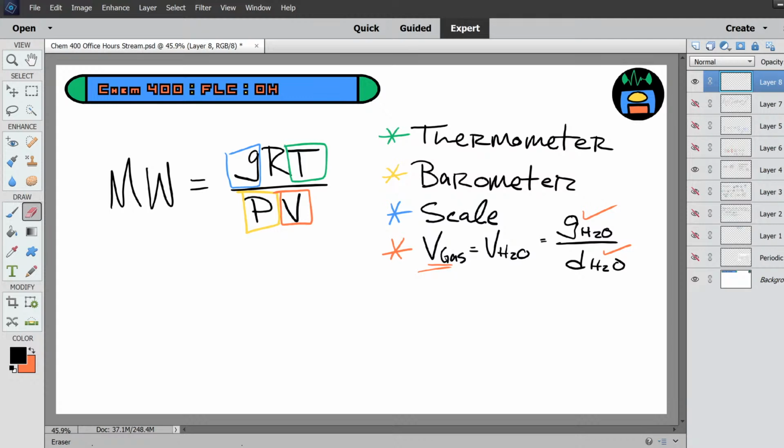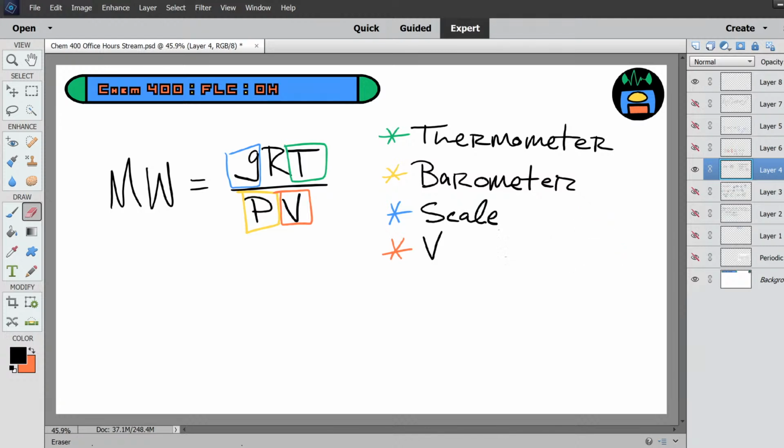So, sorry, when I was lecturing and telling you this is how you find the volume, that's how you would have done it in lab. But it turns out that in the data spreadsheet, your volume is just given.